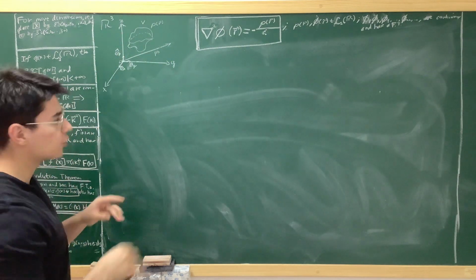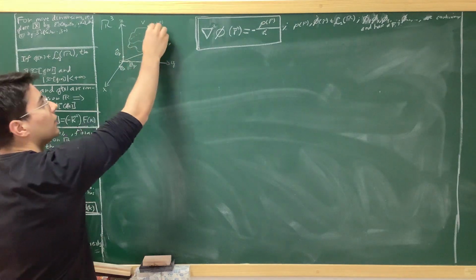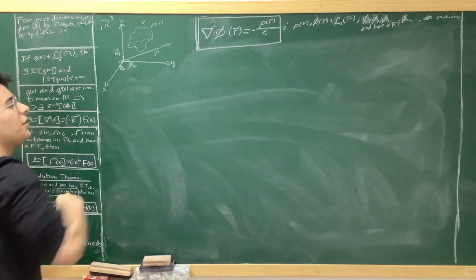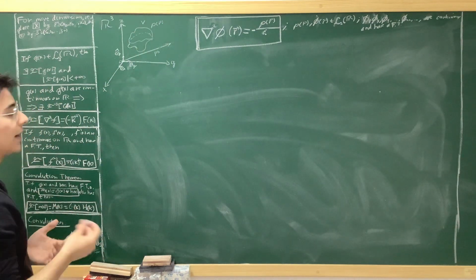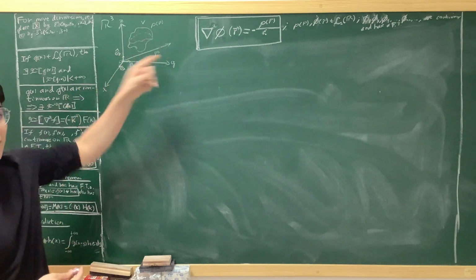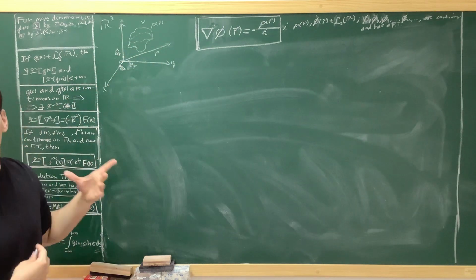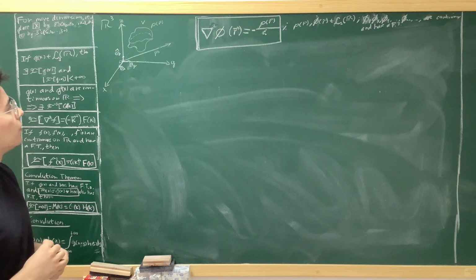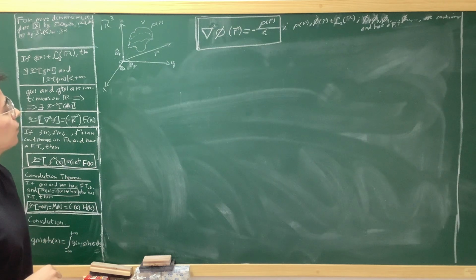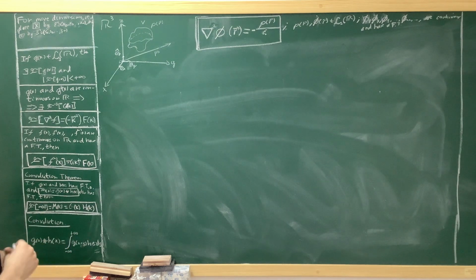And now we have an arbitrary volume here, denoted by V, with some arbitrary charge inside. And rho is the charge density per unit volume. So that's what we are going to be working with.